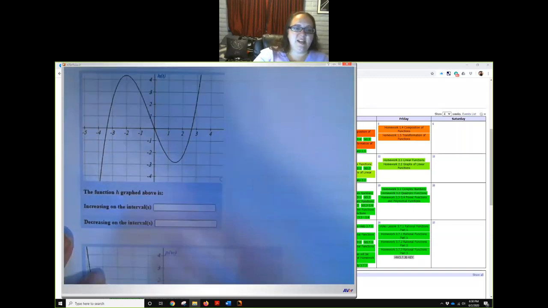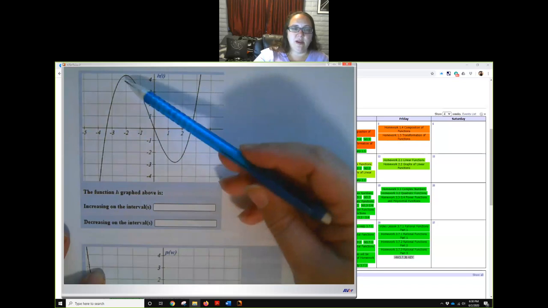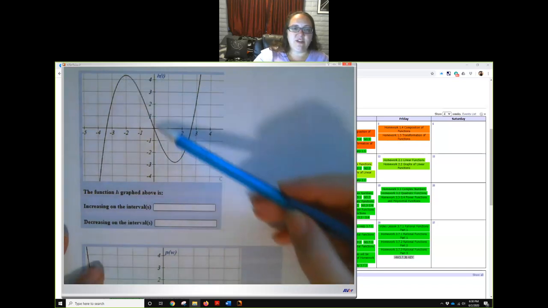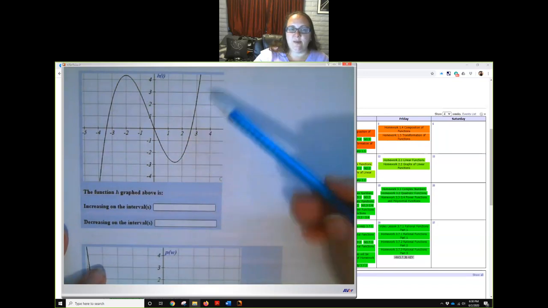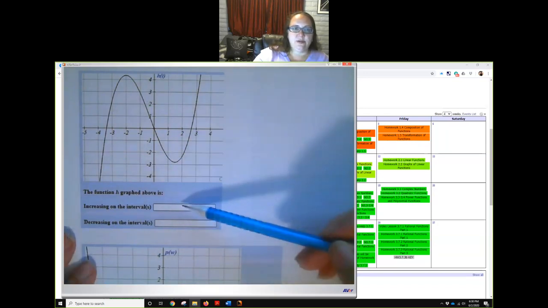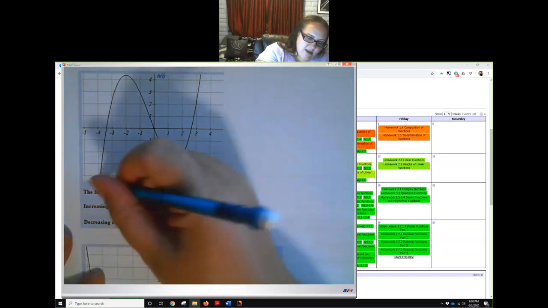So increasing, decreasing, constant is just, a function is increasing if it looks like from left to right it's going up. It is decreasing if from left to right it looks like it's going down, increasing again if it's going up. So this function is increasing in this section right here.